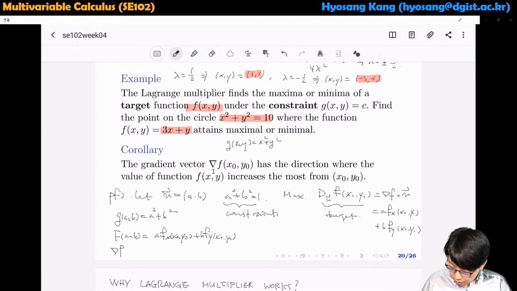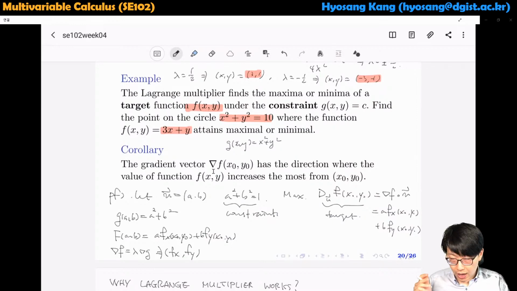So try to look for the point where these two gradient vectors are parallel. Then on the left-hand side we have fx and fy. We have a fixed point x0 and y0, so these partial derivatives are constant. I just omit x and y for convenience. And on the right-hand side we have 2a, 2b times lambda.